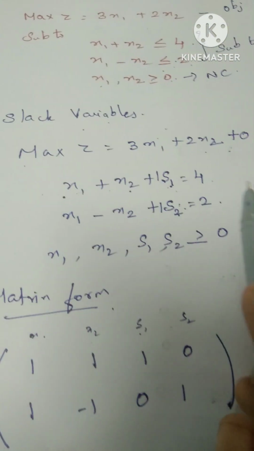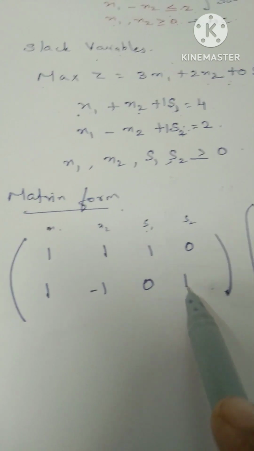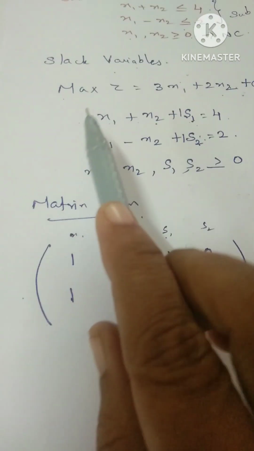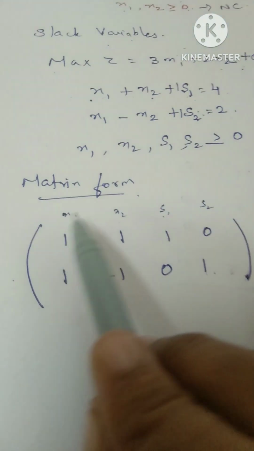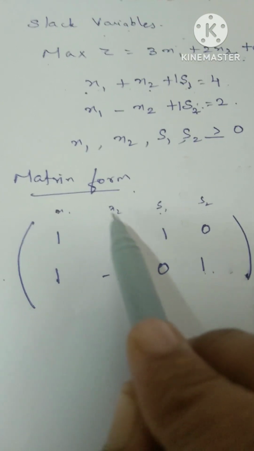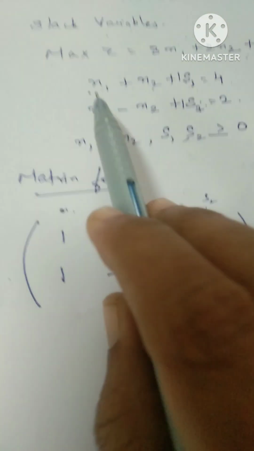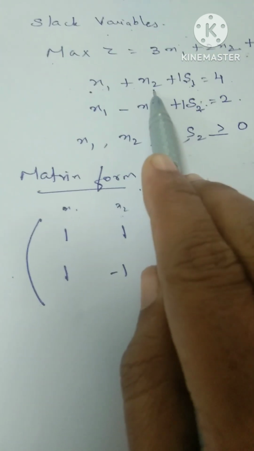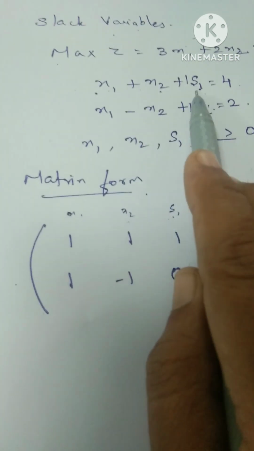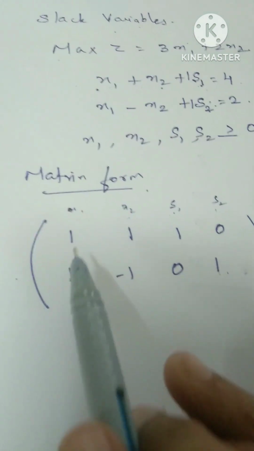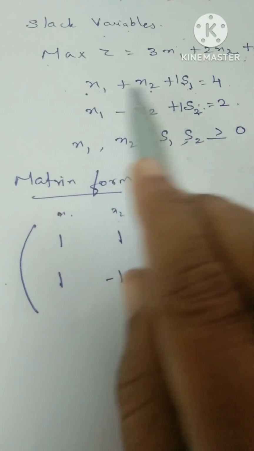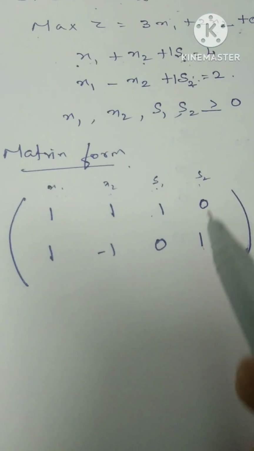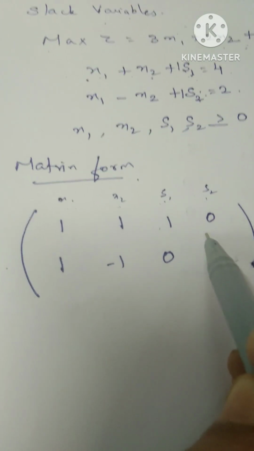The next step is to convert into the matrix form, which I already wrote. In the matrix form, the variables are x1, x2, s1 and s2. For equation number 1, x1 is 1, x2 is 1, s1 is 1, and there is no s2, so I marked it as 0.